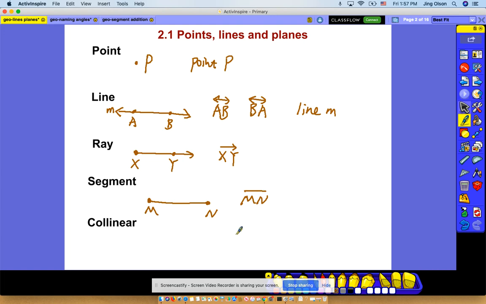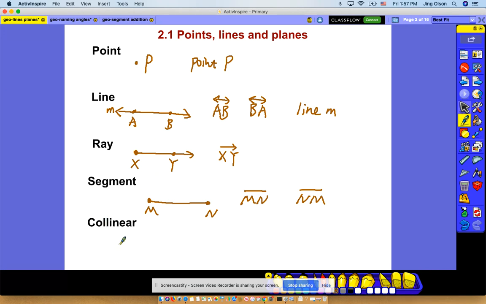There are no arrows. 2 arrows means a line, 1 arrow means a ray, no arrow is a line segment. Or you can write this one as NM. There's no other way of writing a line segment. You only need 2 letters. We do not need 3. If you have 1 letter, that's not enough.